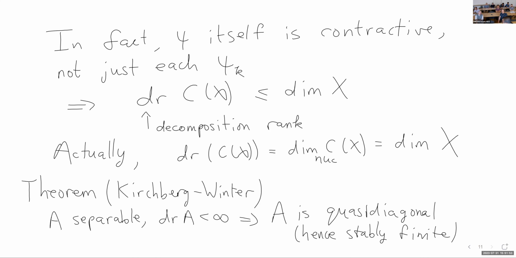Let me briefly say what quasi-diagonal means. Quasi-diagonal means that I can embed A into this. So the decomposition rank is always less than or equal to the nuclear dimension, right? Vice versa, the opposite.